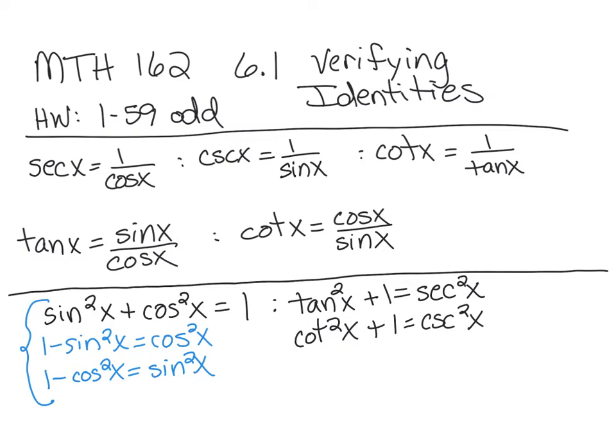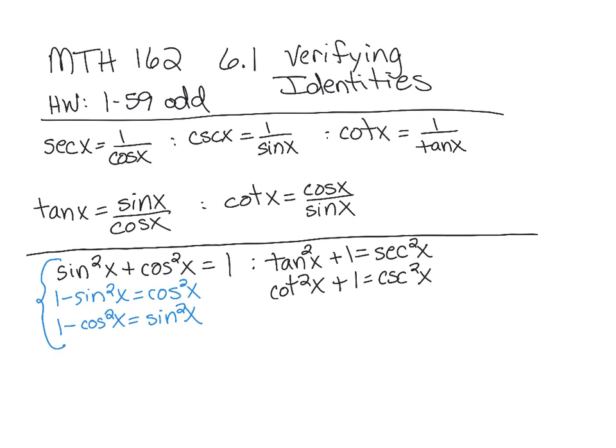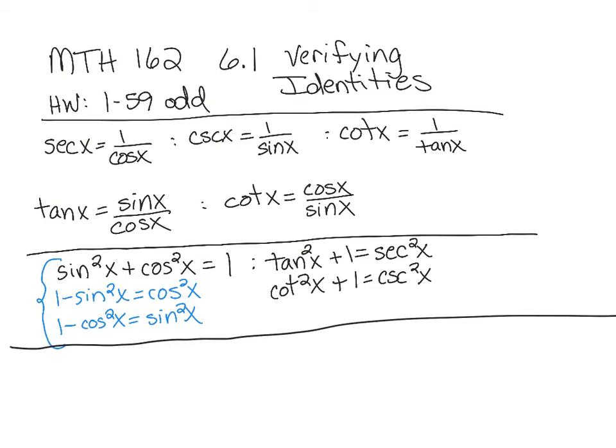Okay, the other identities that you've learned that you might need in this section, and you definitely need to remember because they're useful, you just don't see them as often, are the cofunction identities, where the cosine is the cofunction of the sine, and that relationship just means a 90-degree difference.